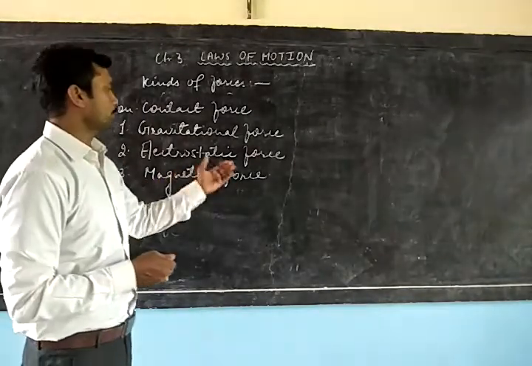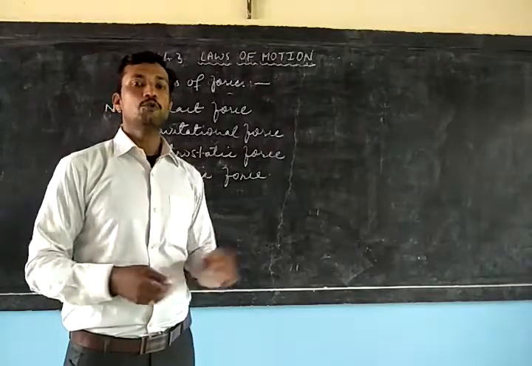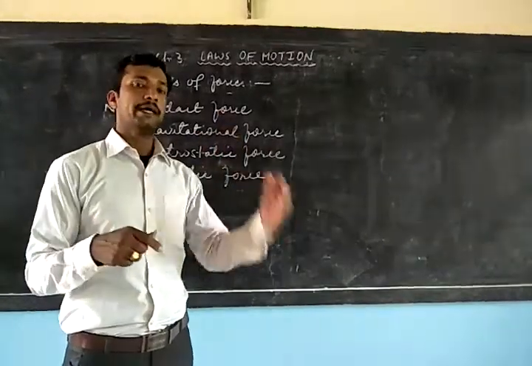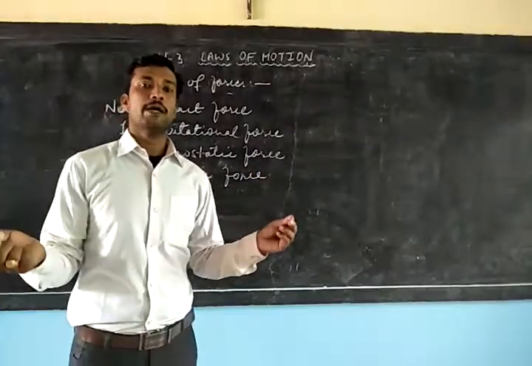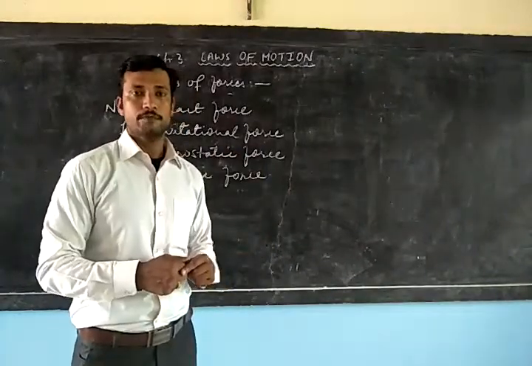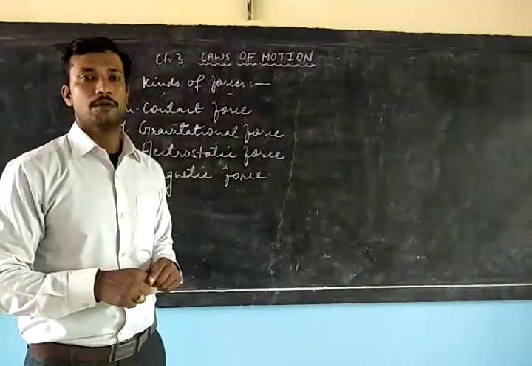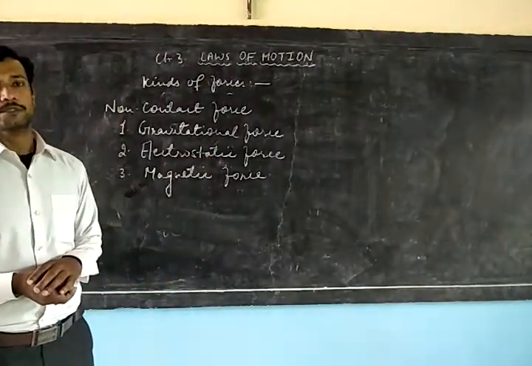The third non-contact force is magnetic force. When a magnet is brought closer to an iron nail, the pieces of iron nail will soon be attracted towards the magnet, where there is no contact at all. So these are the examples of non-contact forces.